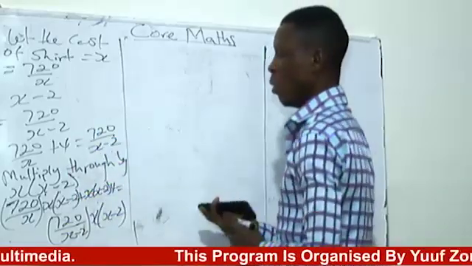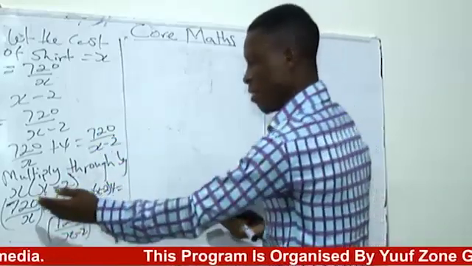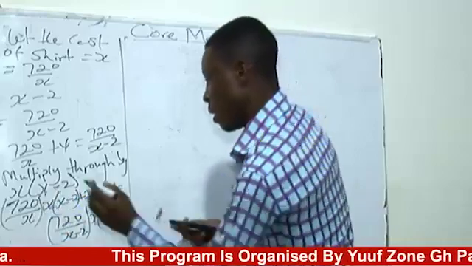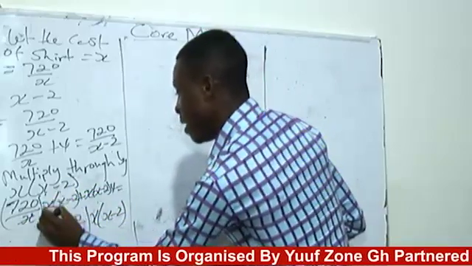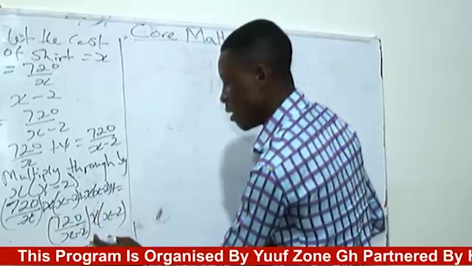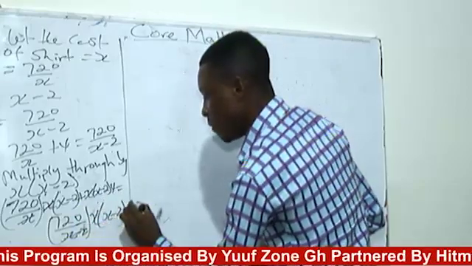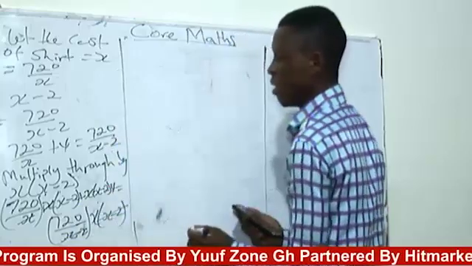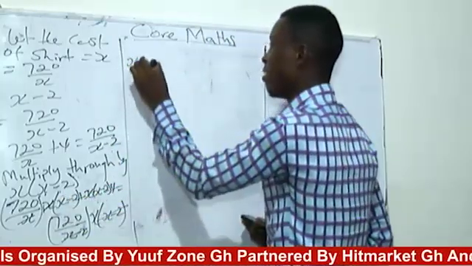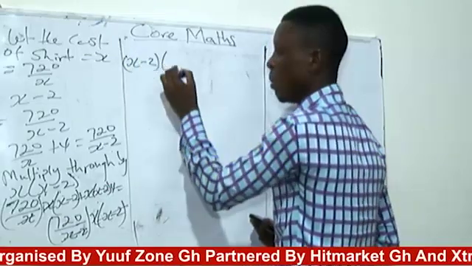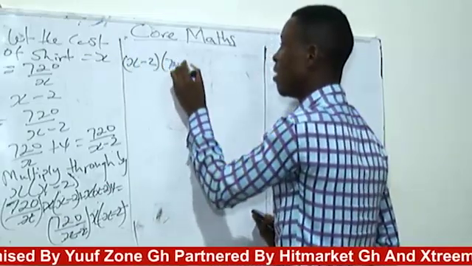Then from here, since this one is over s, the s will come and divide this, then when you come to this level, this will come and divide this. So with this, we will be having our s minus 2, which will be multiplying 720.